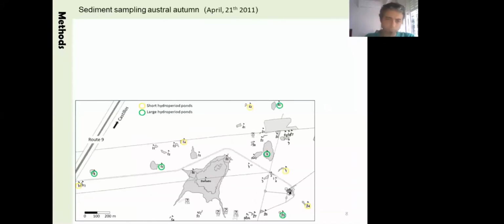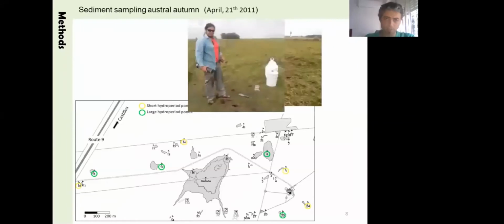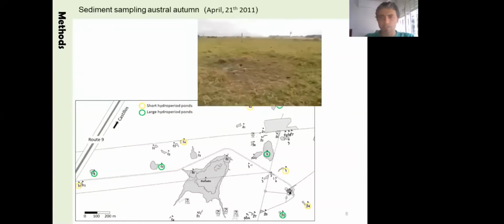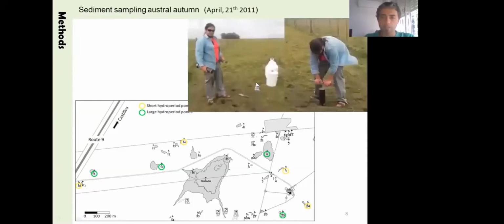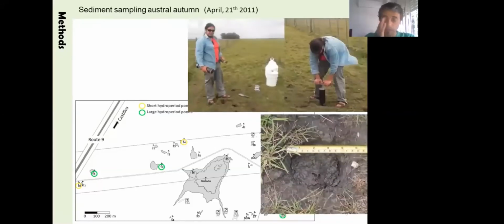At the end of the dry season, I mean at the end of summer, which is the driest season, and in autumn, we went to the field to collect the sediments when the ponds were completely dry, and we collected 3 samples from each pond.